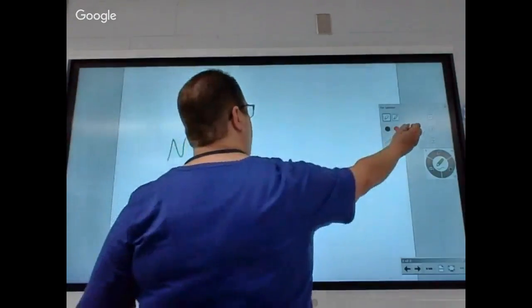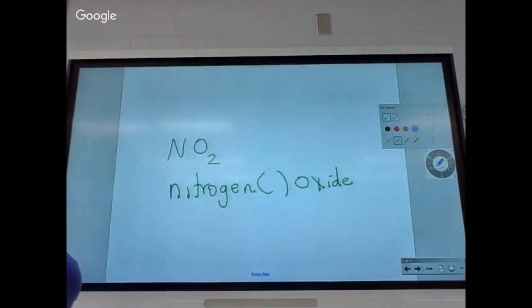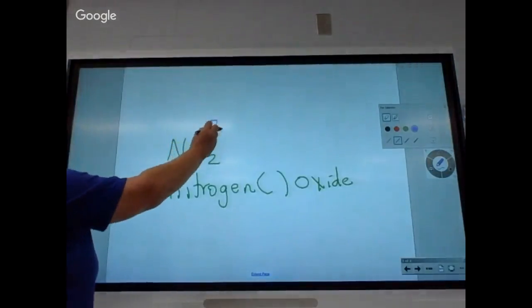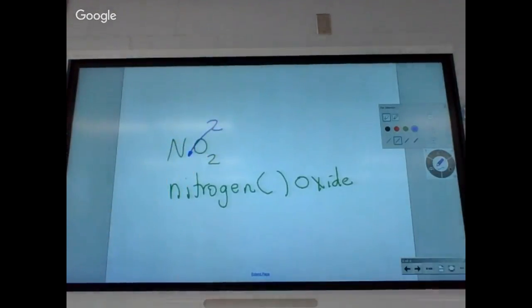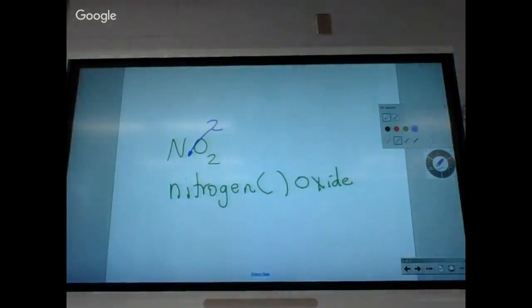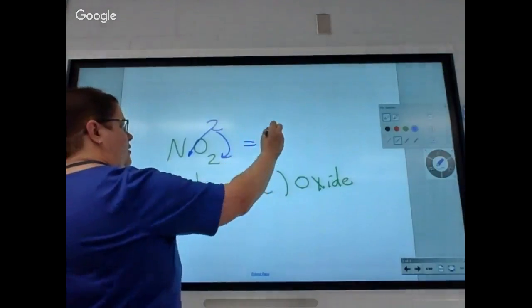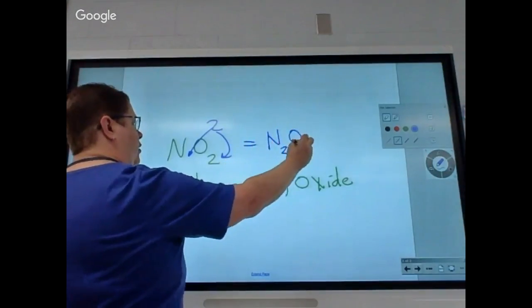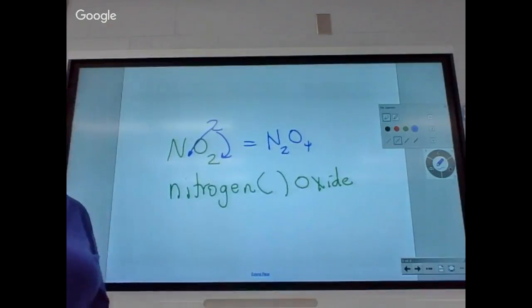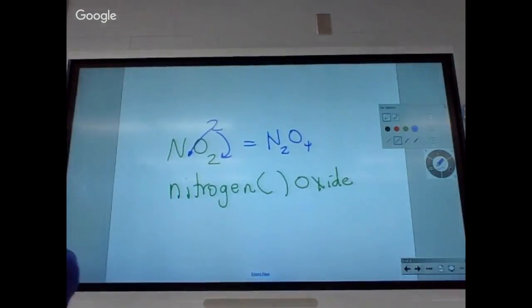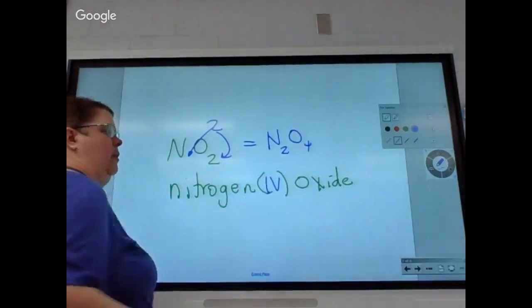Now, what do we know oxygen's oxidation number is? All right. And there should be a 2 here, right? But there's not. So that tells us it was reduced. So if I multiply the 2 through these subscripts, I get N2O4. So what number came from the N? That's why it was nitrogen 4 oxide.